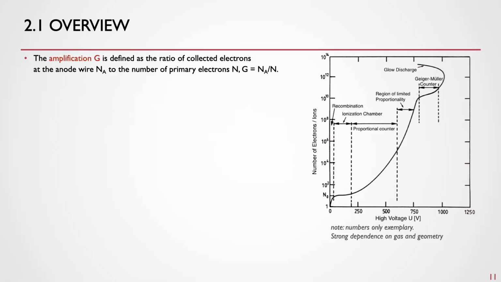First of all, an amplification factor is defined as the ratio of the collected electrons at the anode wire to the number of primary electrons that were created in the ionization process in the gaseous detector. The plot to the right shows the number of electron-ion pairs that are accumulated as a function of the voltage that's applied in the gas volume.